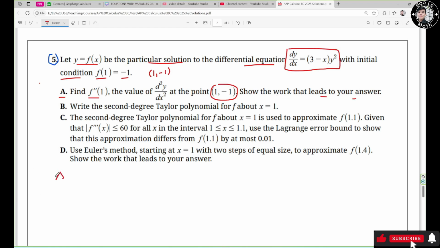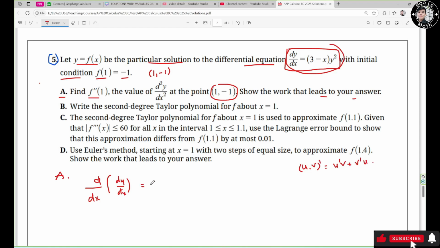Alright, so for question A, this is the first derivative. Now, for the second derivative, we take the derivative of this one more time. So we have d over ds of dy over ds. We're going to use the product rule: u times v gives u prime v plus v prime u.